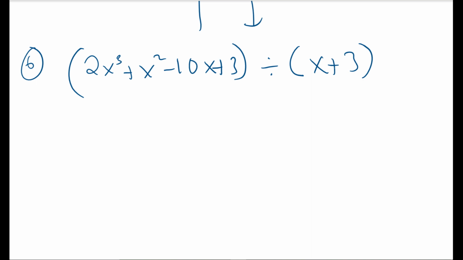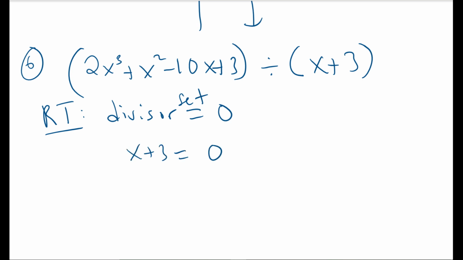But we're only interested in the remainder. So we're going to be using the remainder theorem. You have to basically figure out what makes the divisor equal to 0. So set the divisor equal to 0. The divisor here is x plus 3.